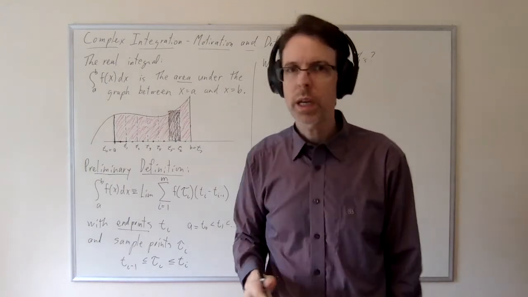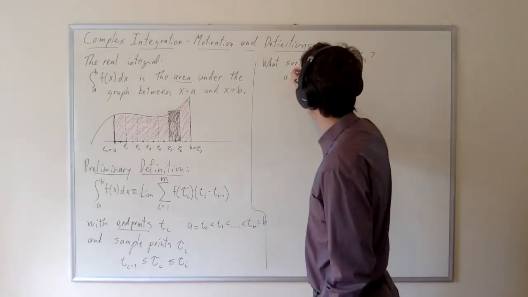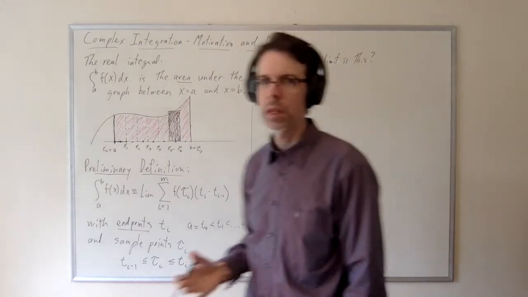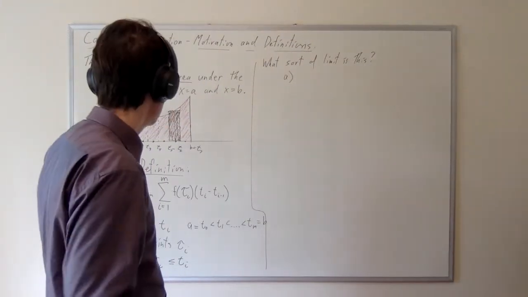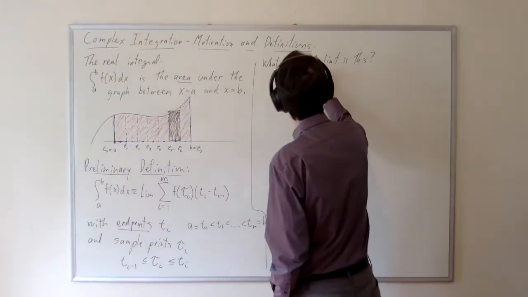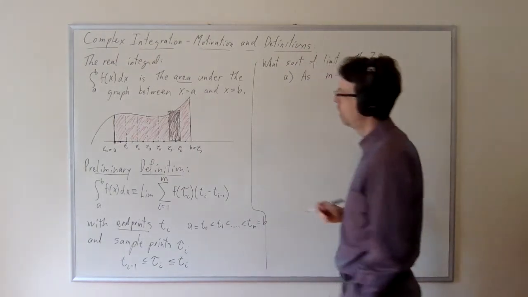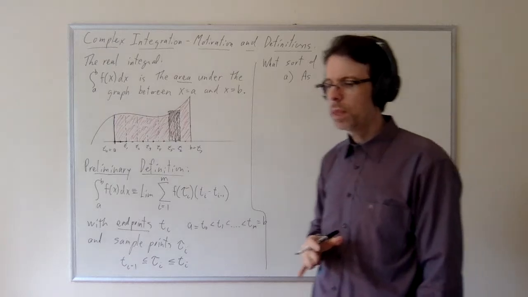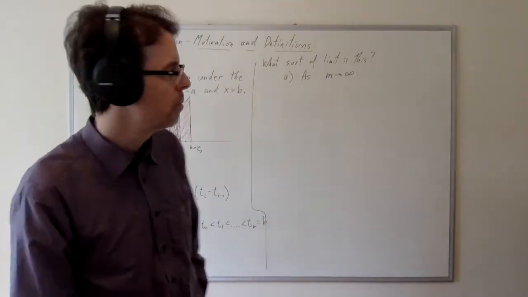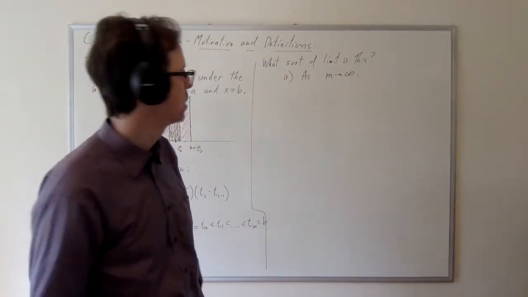So the first answer, and sort of the most basic answer, and often the answer that's given in a standard Calc 1 or Calc 2 course, is that the limit is as m goes to infinity. And so that's not a bad answer, but I want to provide some criticisms for it.